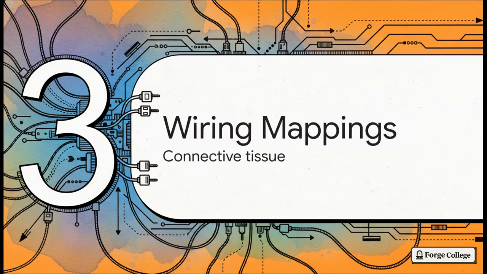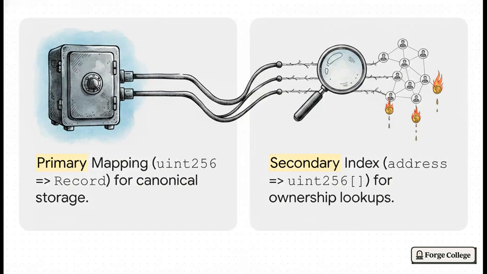Which brings us to Section 3. Wiring mappings. This is our connective tissue. It's time to wire up your primary logic and see how the data actually flows. Notice the 2 main circuits we're wiring here. On the left, our primary mapping maps a uint256 ID directly to our record struct. This is our canonical storage, the absolute undeniable source of truth.